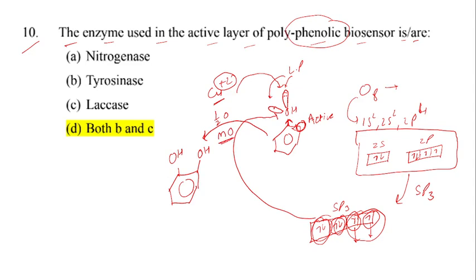Why is it known as a monooxidase? Because it consumes only one oxygen. Now catechol, or orthodiphenol, is formed.